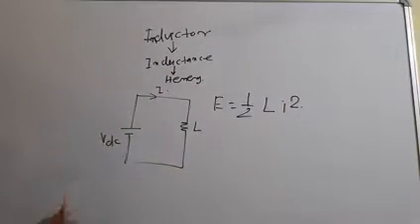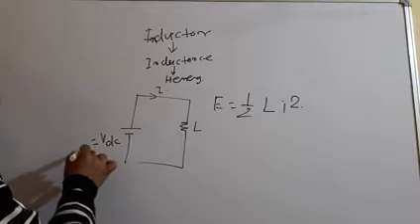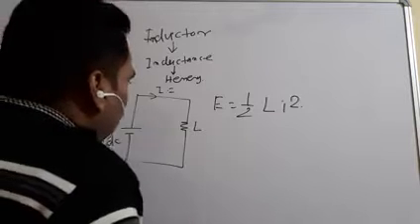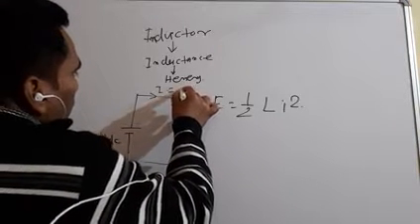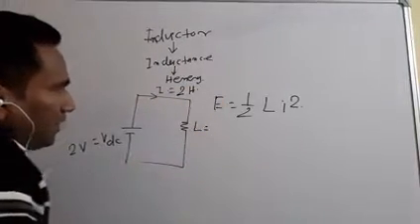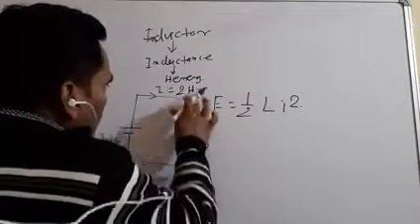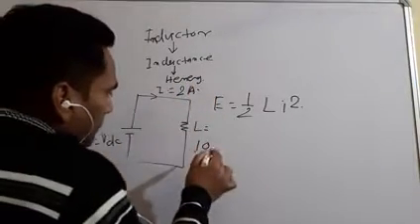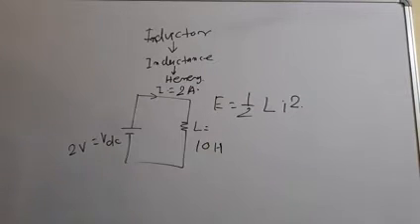Again, take a numerical example. Let us take this one as 2 volt, and for the inductance we take 2 Henry, and the current here is given as 2 ampere. Current is always represented in ampere and inductance is represented in Henry.